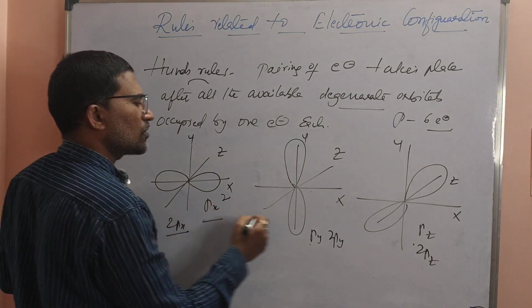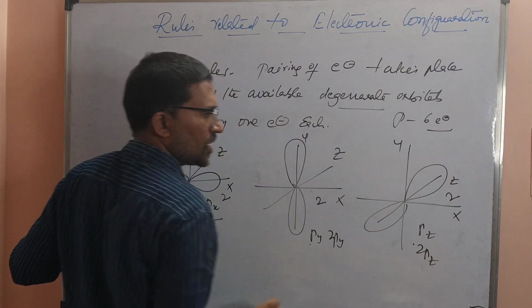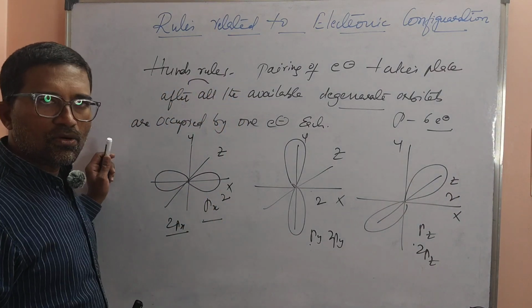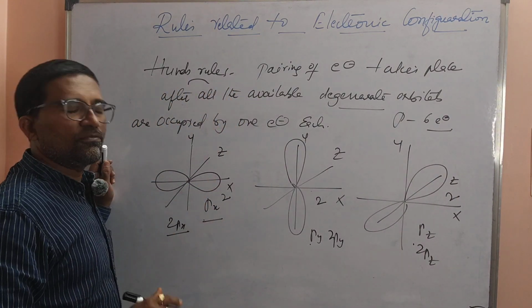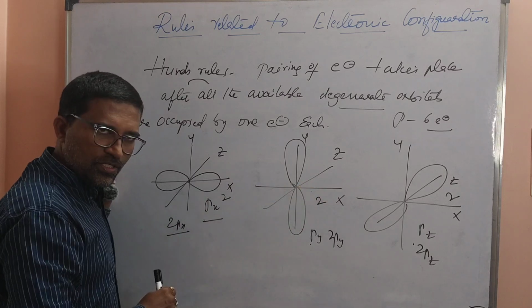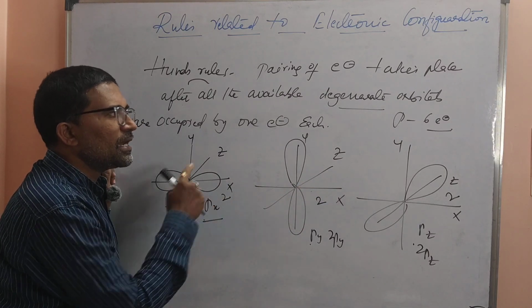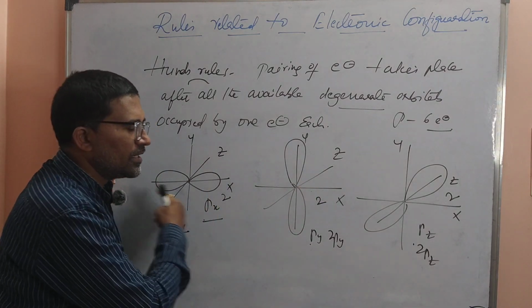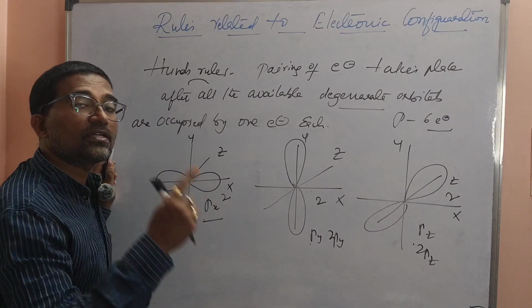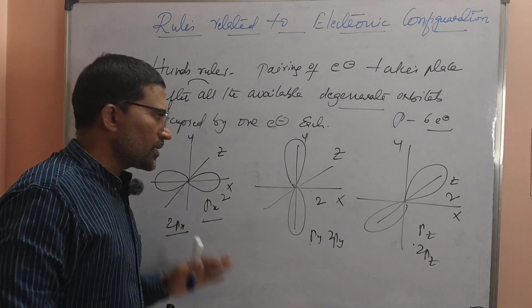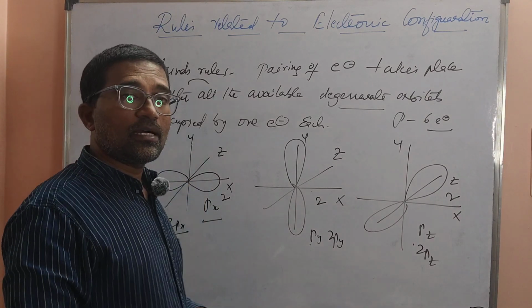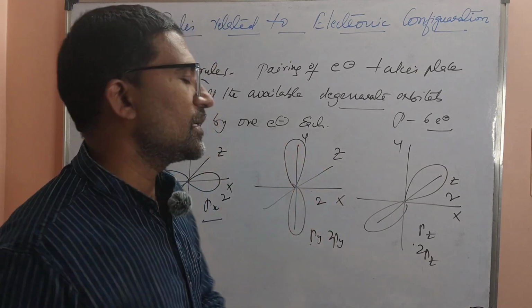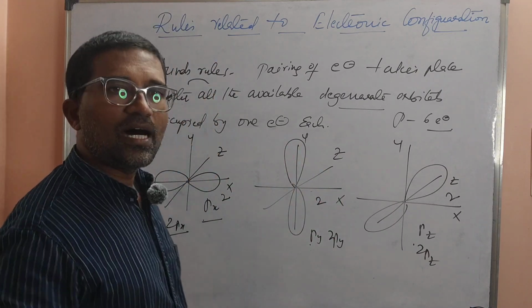So p has three degenerate orbitals of the same energy. The orbitals having the same energy are called degenerate orbitals.